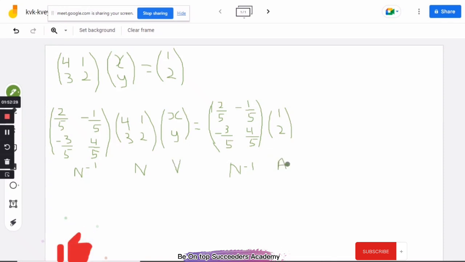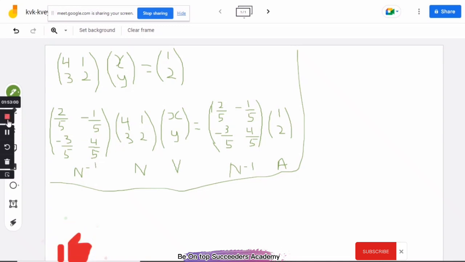So I have the inverse matrix, N negative 1; N, which is the coefficient matrix; V for the variable matrix; N negative 1 again, the inverse matrix; and then E, which is the answer matrix, right?